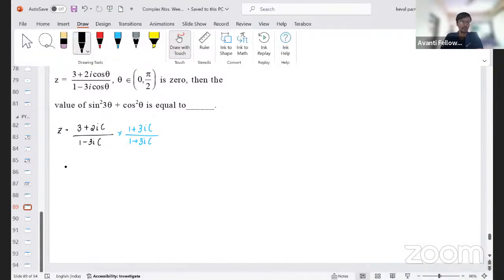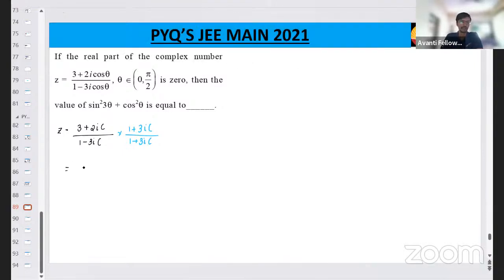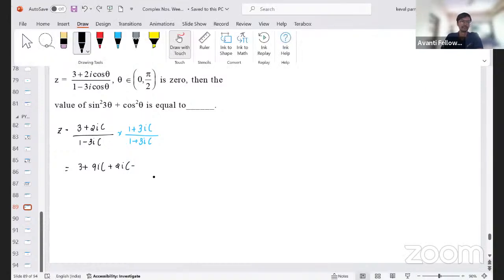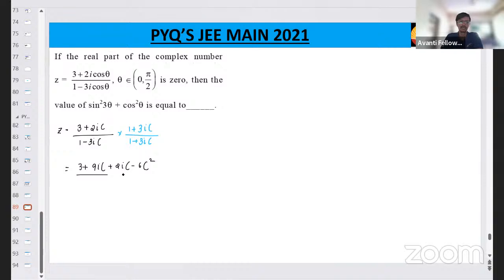Correct? So in the numerator, if we open the bracket, we'll get 3 plus 9i cos theta plus 2i cos theta plus 3 twos are 6 i square cos square theta. So minus 6 i square cos square. I square I simply wrote as -1.